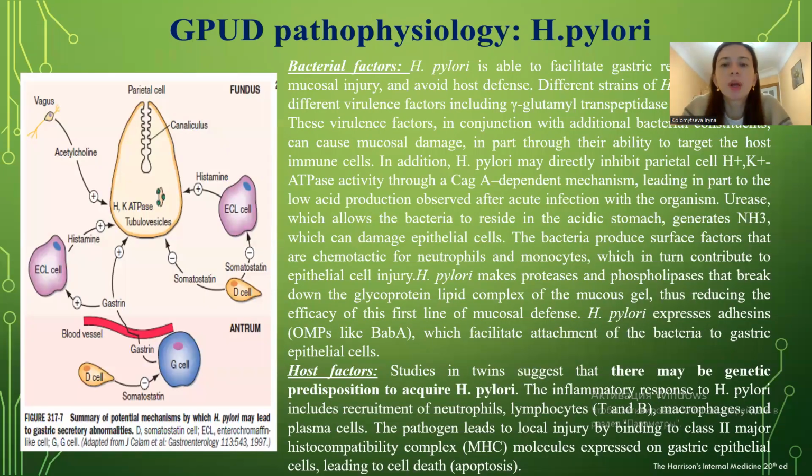Bacterial factors. Helicobacter pylori is able to facilitate gastric residence, induce mucosal injury, and avoid host defense. Different strains of Helicobacter pylori produce different virulence factors, including gamma-glutamyl transpeptidase and flagella.